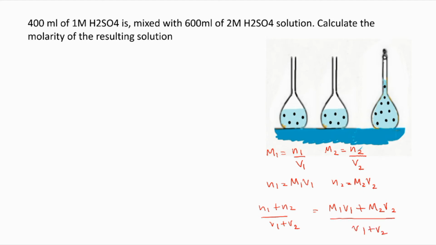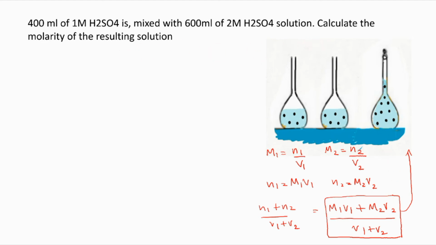Understood? So this will be the new molarity of the resulting solution. Whenever mixing problems come, you can use this shortcut formula: M1 into V1 plus M2 into V2 divided by V1 plus V2. Using the same shortcut, we can solve this problem easily.